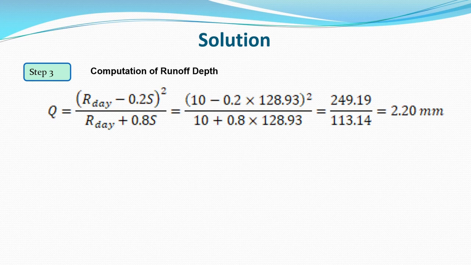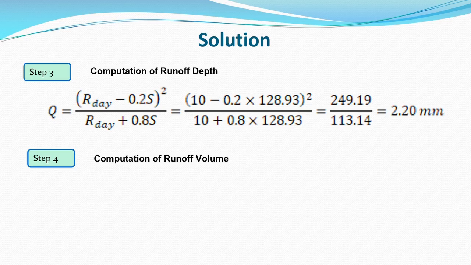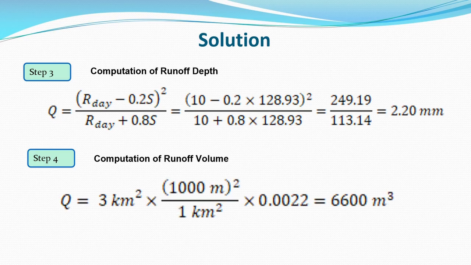The runoff volume can be computed by multiplying this with the area of watershed and changing the units appropriately. So area was given to us in kilometers. So here it is 3 kilometers square multiplied by 1000 meter whole square divided by 1 kilometer square multiplied by 0.0022. So I am doing all this to convert it into appropriate units.